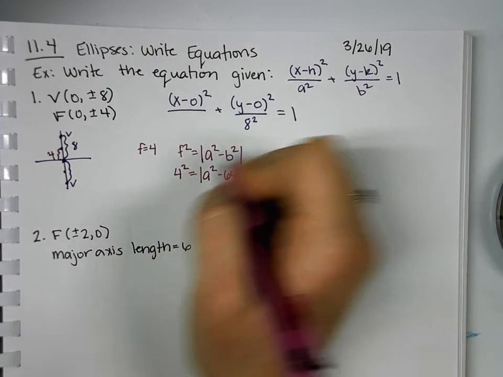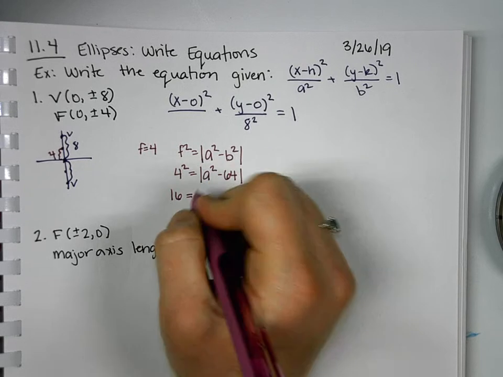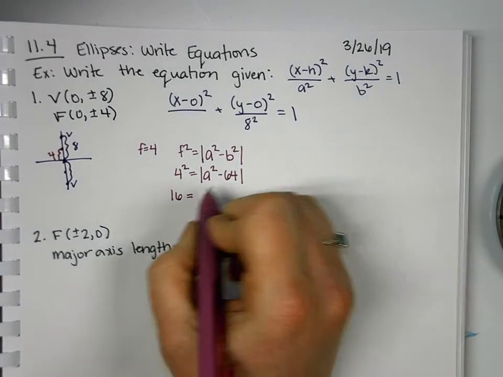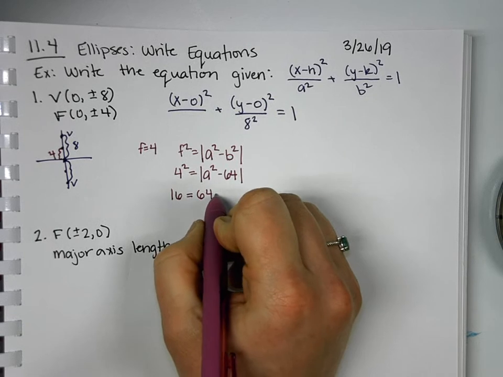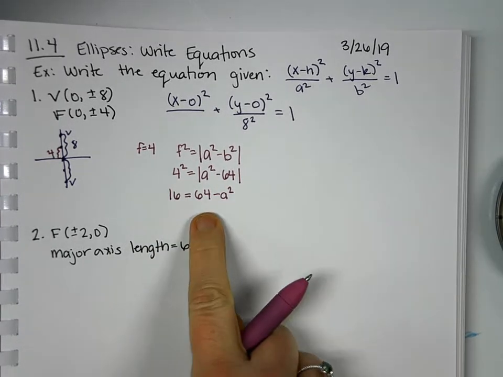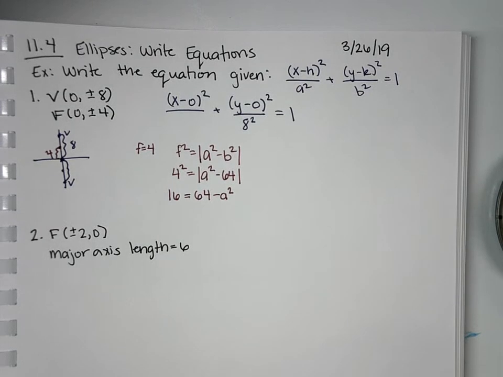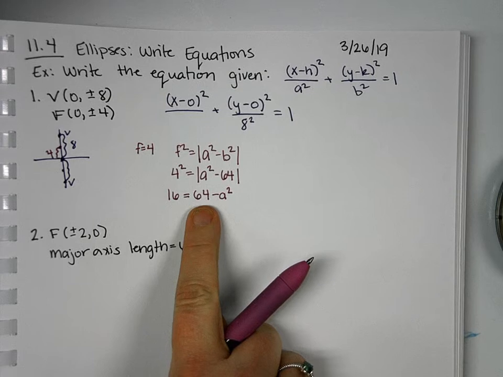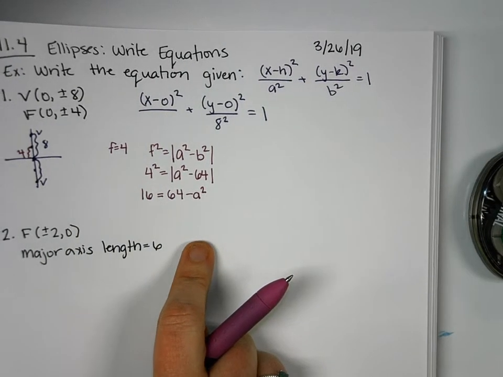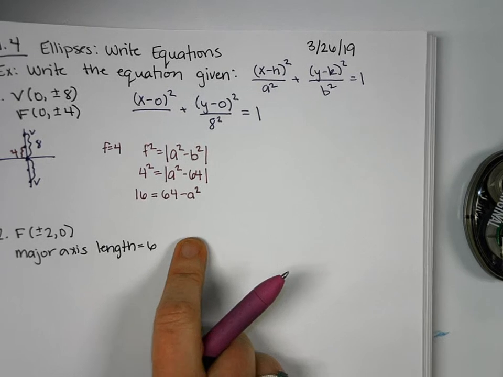So then I would have 16 equals, now to make sure that this stays positive so I can drop the absolute value, I'm going to make it 64 minus a squared, because I know that 64 is the bigger number. And we know that because that was our major axis. By switching the order to 64 minus a squared, I'm assuring I get a positive answer.